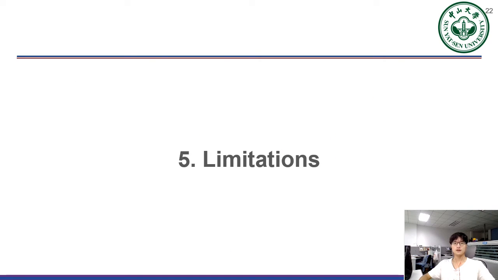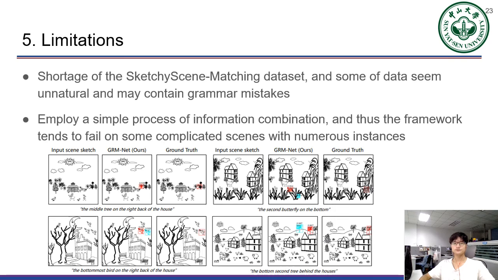Next, I will talk about the limitations of our approach. First, we use the training and test sets of the Sketchy Scene Matching dataset, where textual expressions are created automatically based on templates. Therefore, some of these seem unnatural and may contain grammar mistakes.